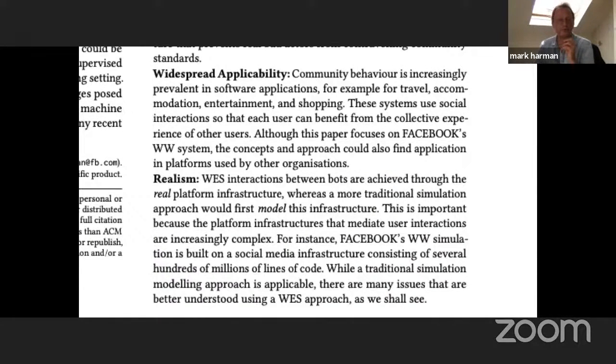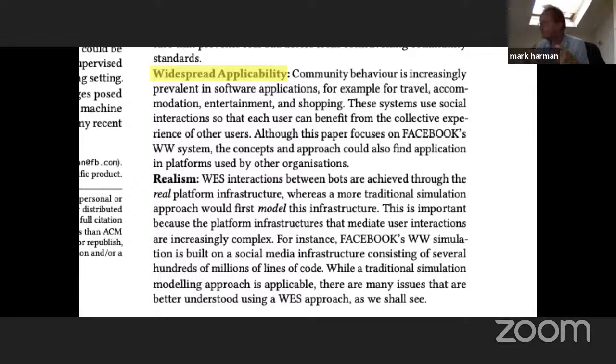One of the important things about our approach, I think, is that this isn't really just something for Facebook. The idea of having an infrastructure through which one user can communicate with another user is not peculiar to Facebook. Many organizations now offer the ability through their platforms for users to interact. For example, booking systems will typically have ratings and reviews.